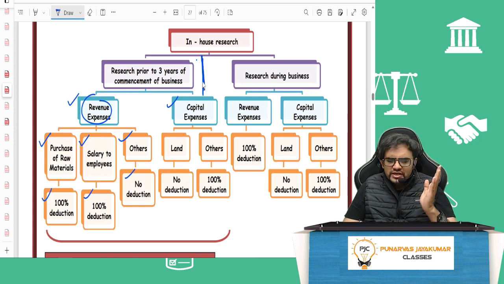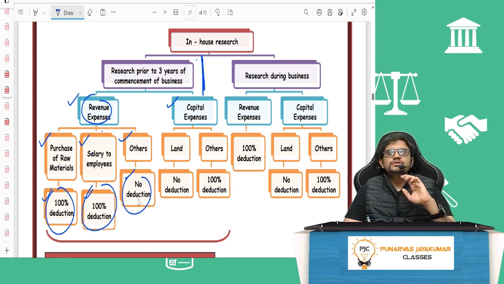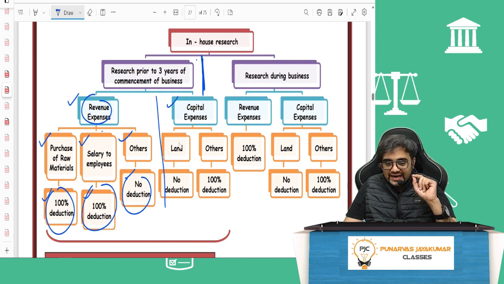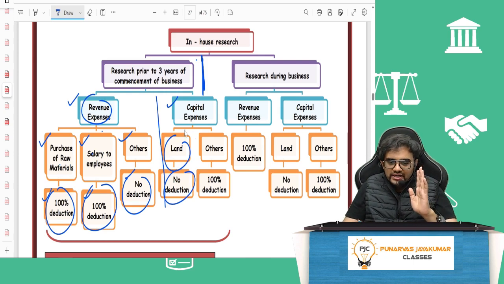Others, absolutely no deduction. On the other hand, capital expenditure: on land, there is absolutely no deduction, and in other cases, all other capital expenditure will be allowed.